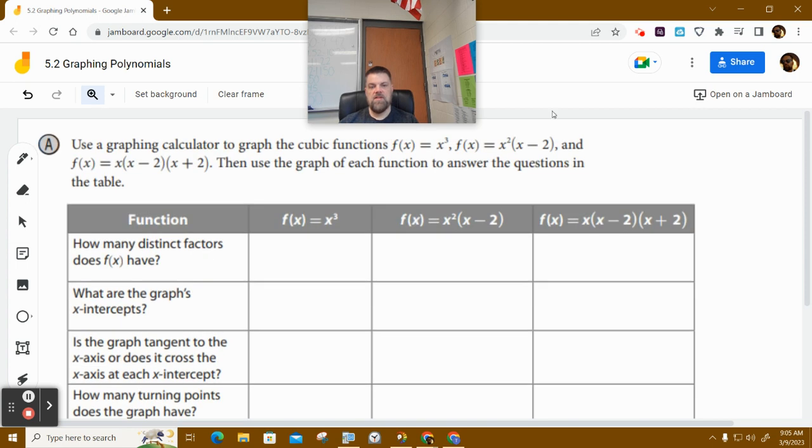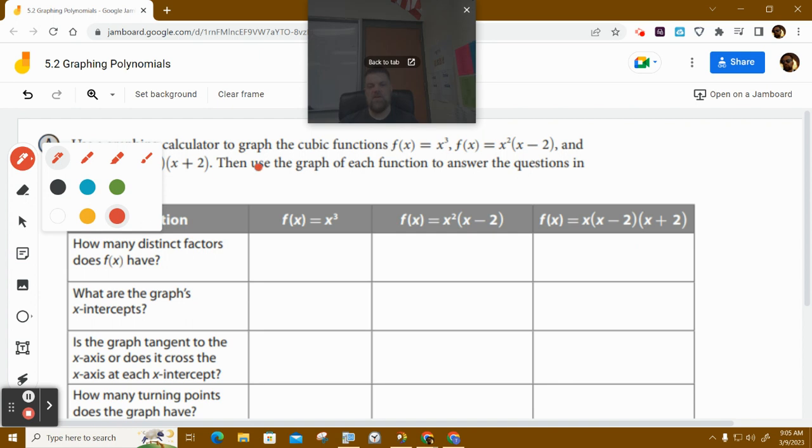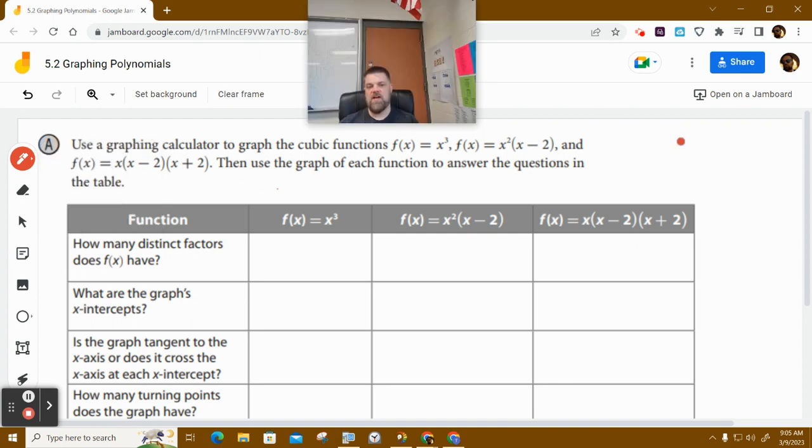Up here? To help you guys along, you don't need to write down this paragraph. You could read it, but what we're focusing on are these 3 functions which are written down right here. Maybe I could do a better job of explaining that.